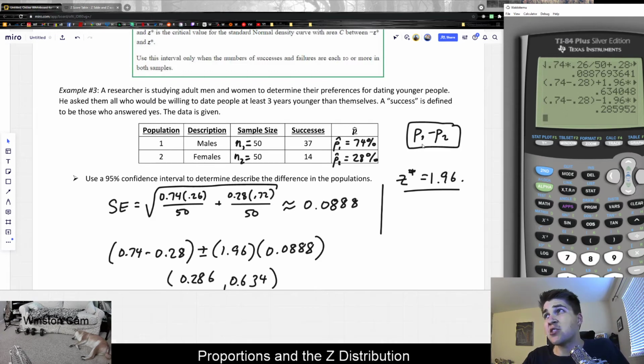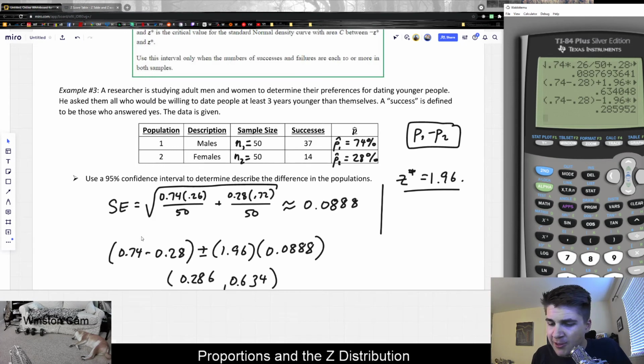That would be the actual percentage of males who are willing to date younger people and the actual percentage of females who are willing to date younger people. We're concluding that we're 95% certain that it is somewhere between 28% and 63%. Now, that's not very certain, but we're pretty darn certain that men are more willing to date younger people than women. And this is basically how much more, somewhere between.